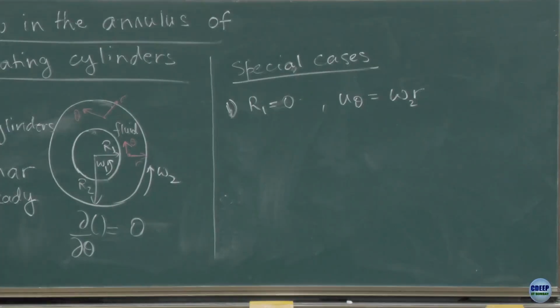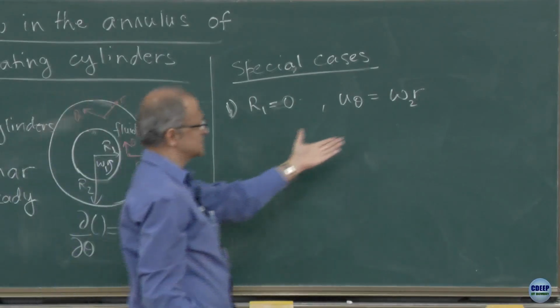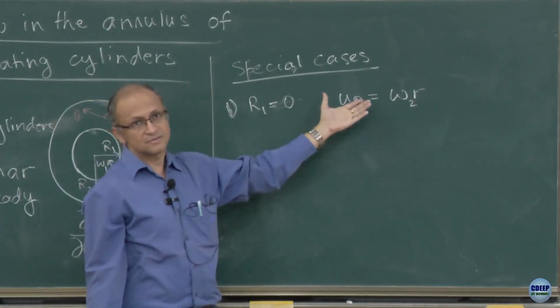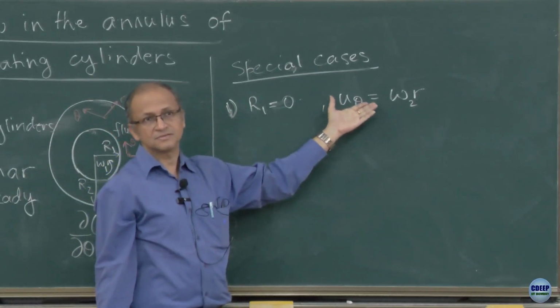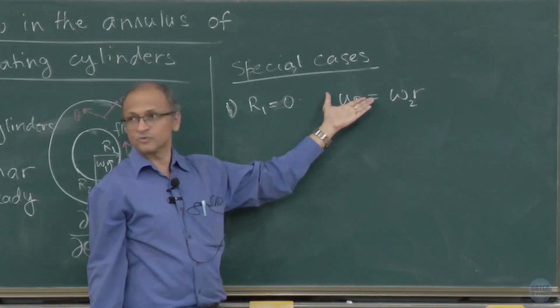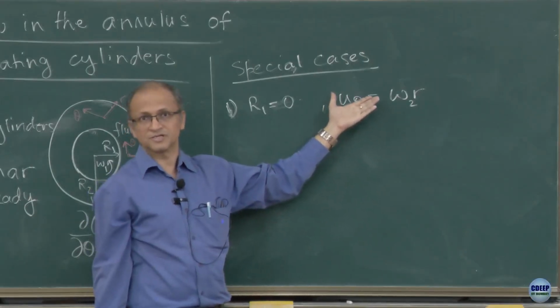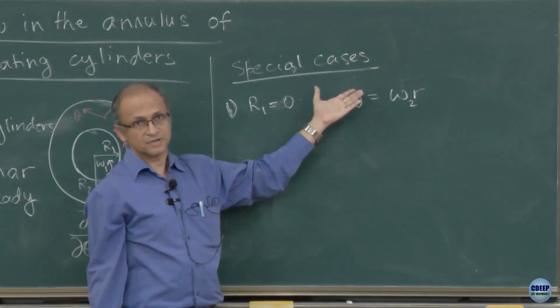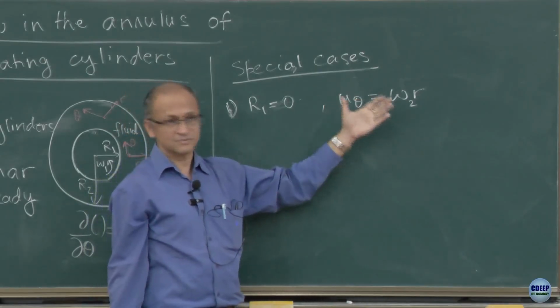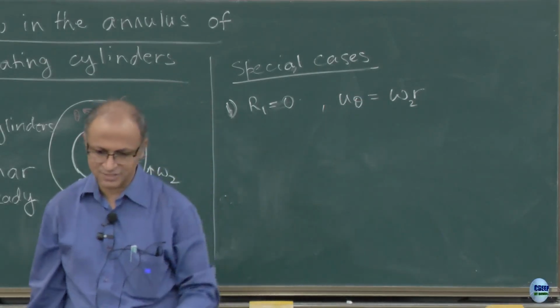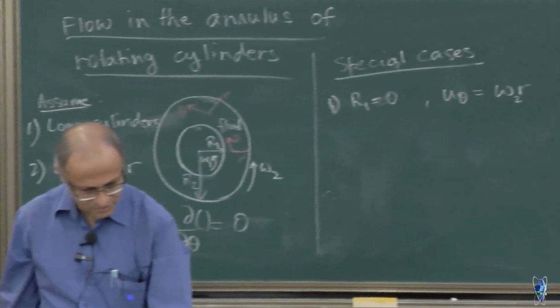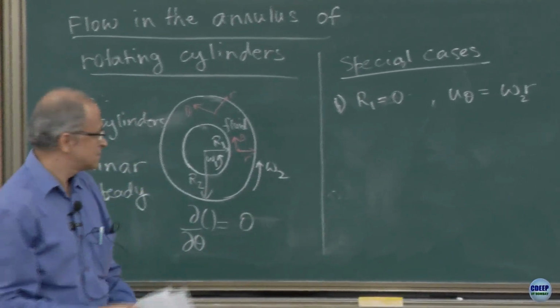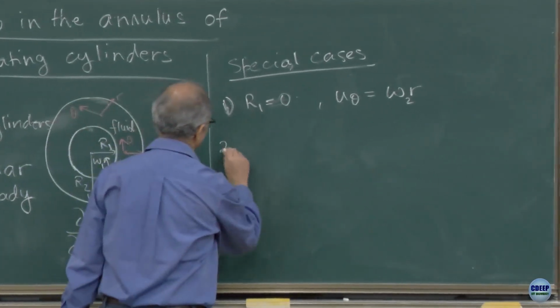Now, what sort of a solution is this, by the way? This is a solid body rotation. Okay, and this is very important. We will see when you go to vorticity dynamics, we will talk about this more and more. Now, what is the second case that we can look at?